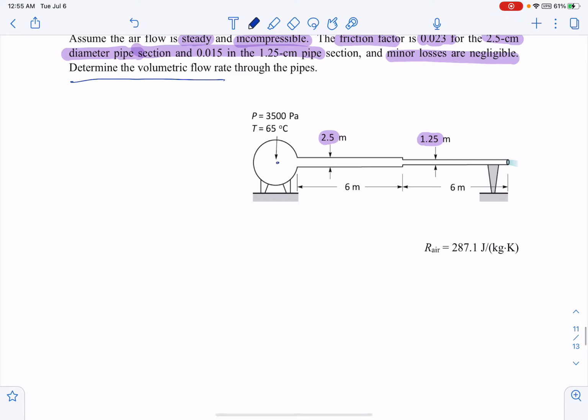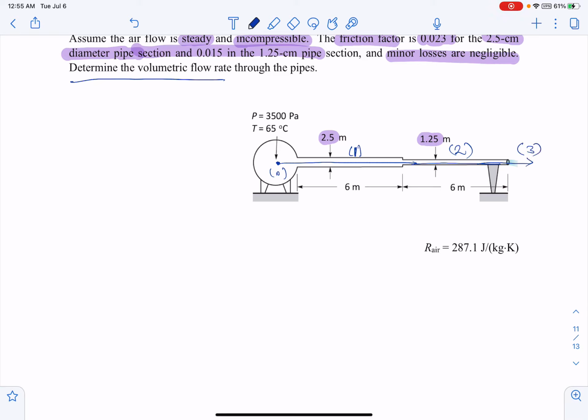If I want to consider the conservation of energy, first I need to know what sections I'm going to use. I consider this one as 0, and this pipe right here as 1. Going through it, we have 2 here, and then 3 here.